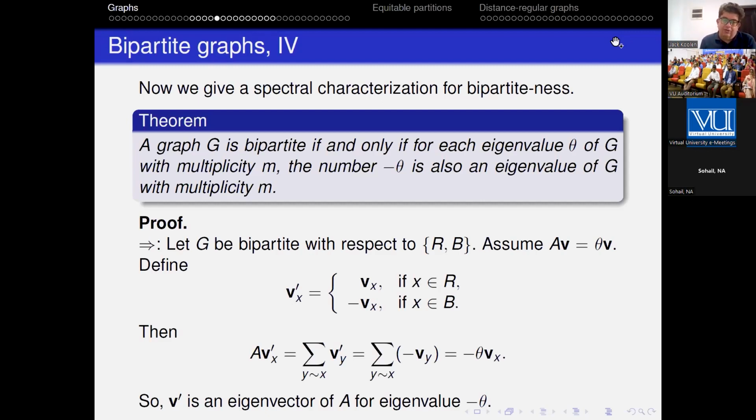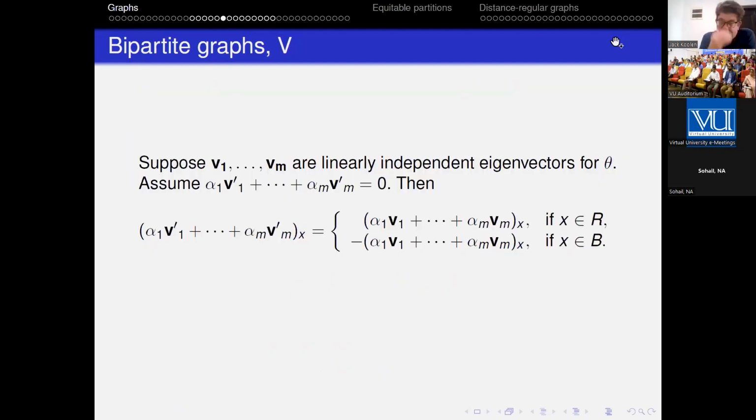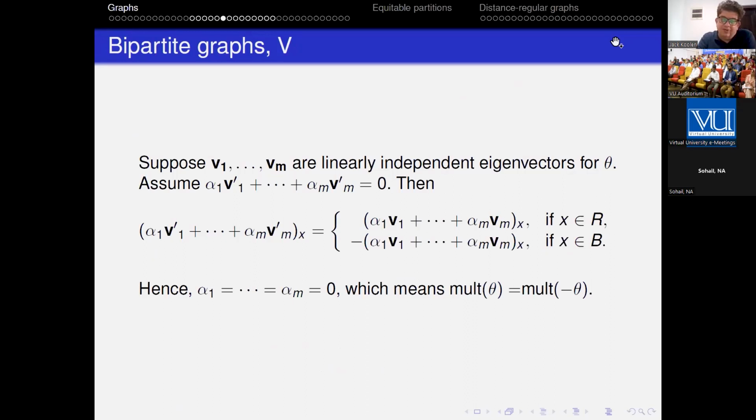And then you can easily calculate that v' must be an eigenvector of A for eigenvalue minus theta. Now assume that you have v1 to vm linearly independent eigenvectors for theta, and assume that alpha 1 v1' plus ... plus alpha m vm' is 0. Then you get these two equations. It depends whether x is red or blue, but essentially it's the same.